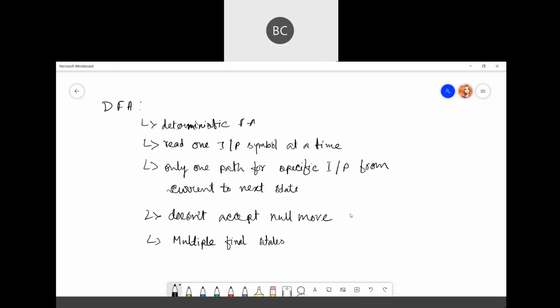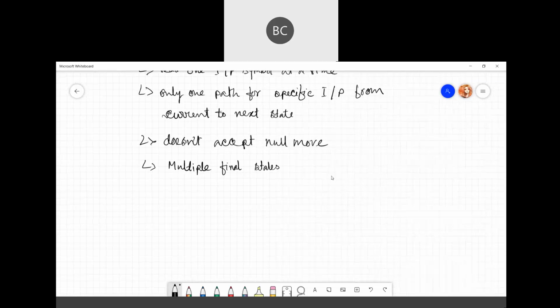And a DFA you can represent with the help of 5 tuples. You guys already know: Q, sigma, q naught. It's common for all FA. Now we have to know the transition function. Transition function is different.